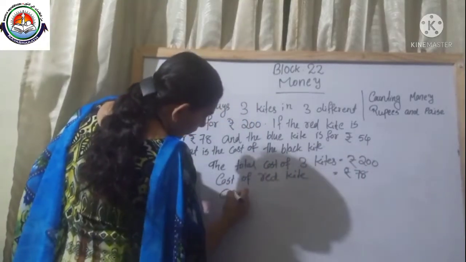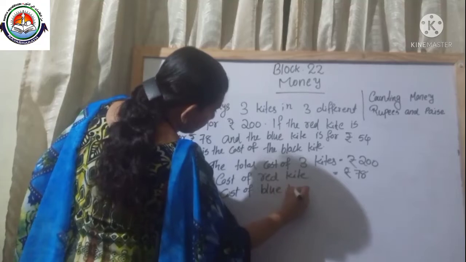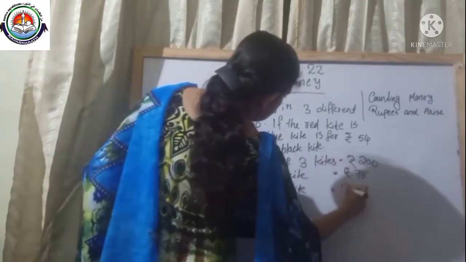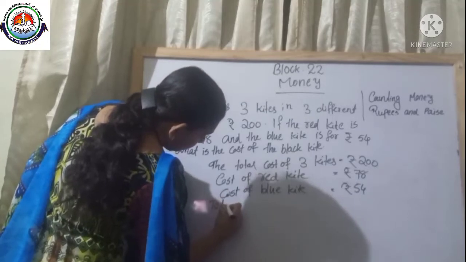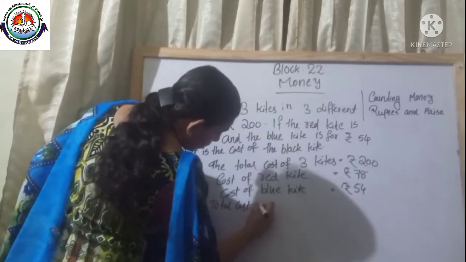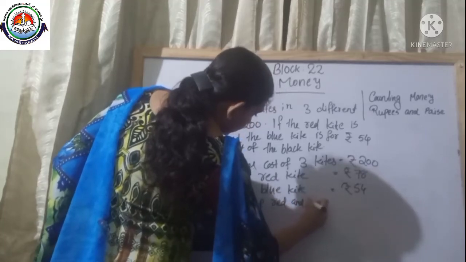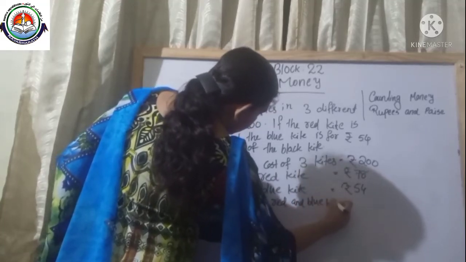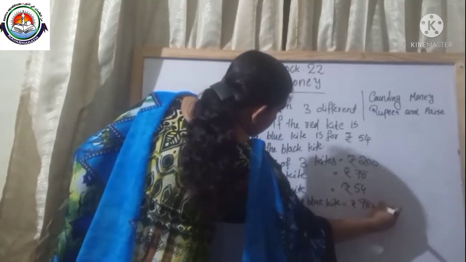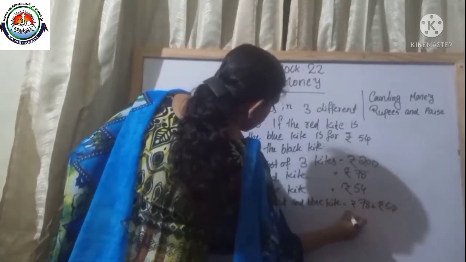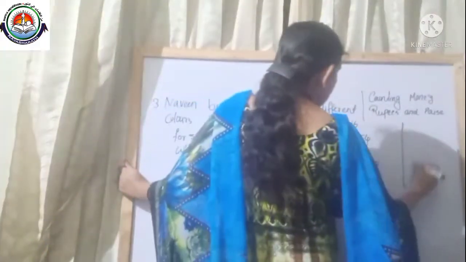Then cost of blue kite, rupees 54. Total cost of red and blue kite is equal to rupees 78 plus rupees 54. Add it in the working column.